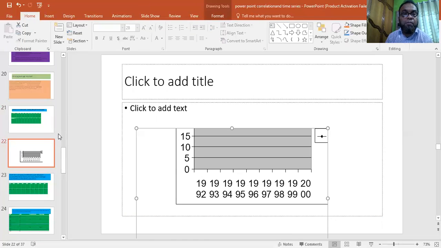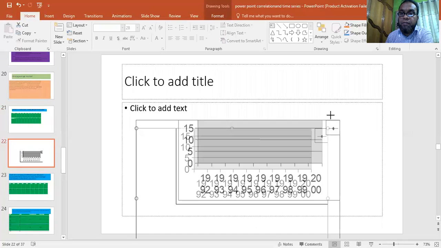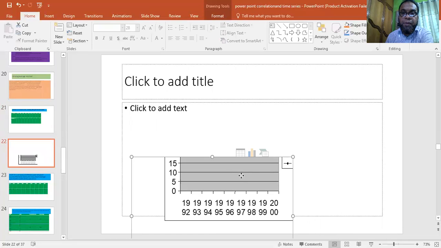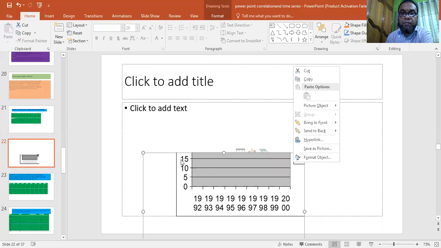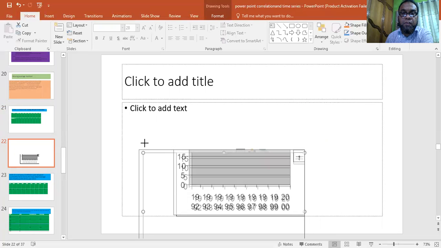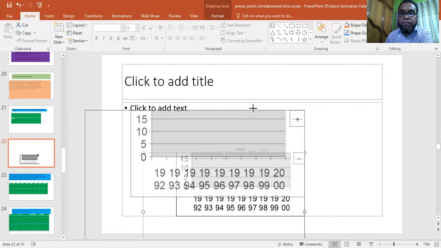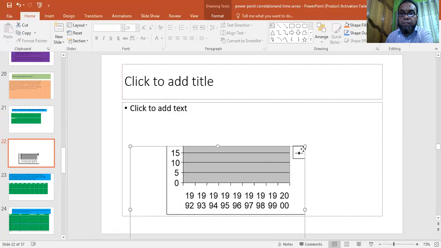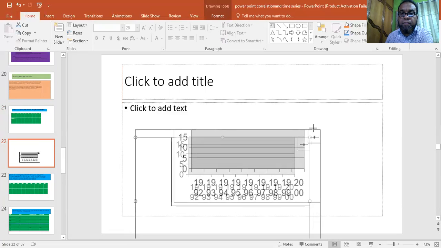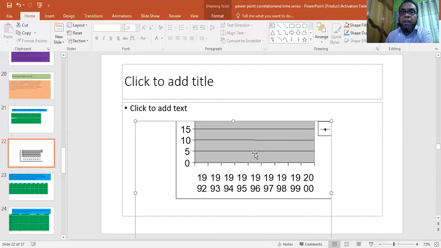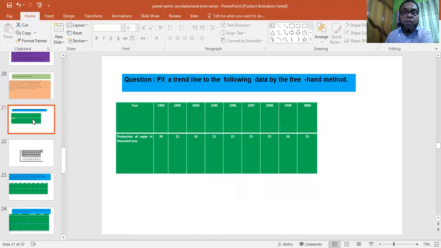So if you solve this, you will put the years on the x-axis and the values on the y-axis.